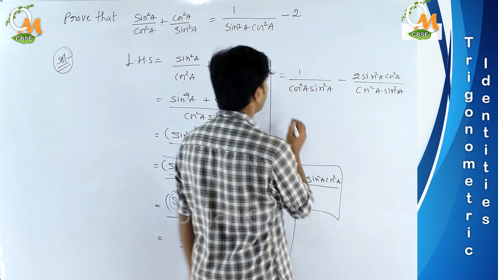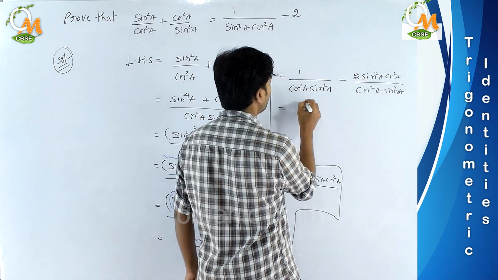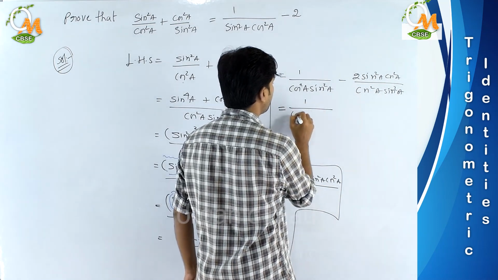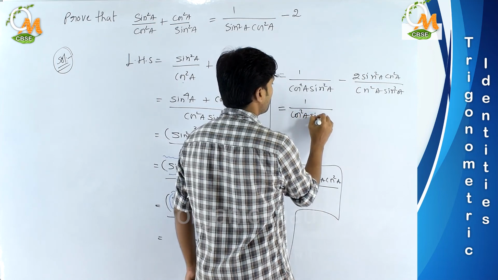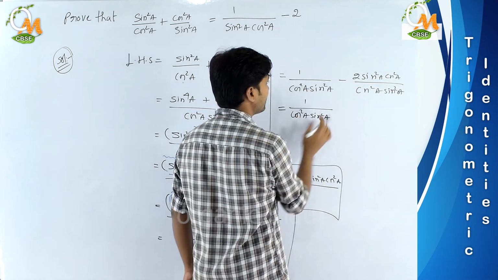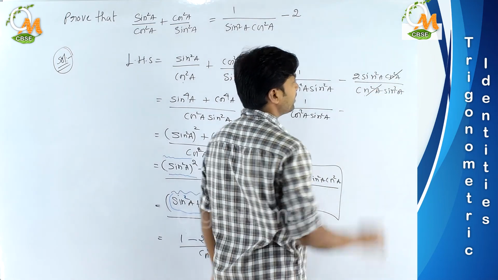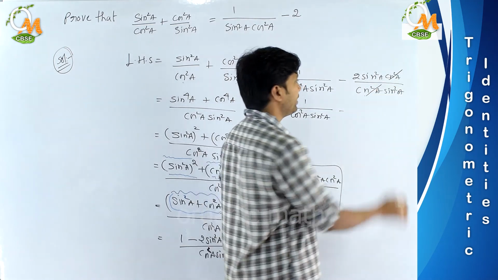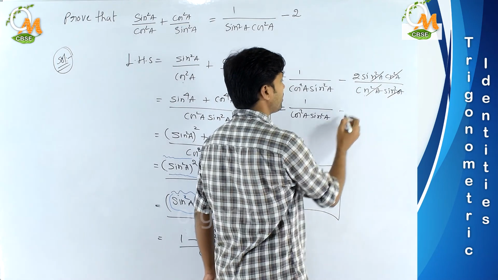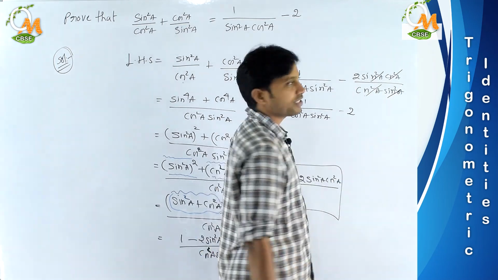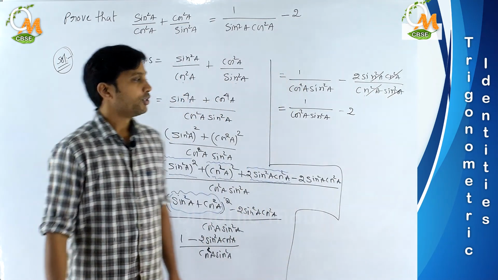On separating the fraction, we write 1 by cos square a sin square a as it is. Now if you observe, in the numerator and denominator, cos square a is cancelled, and sin square a is also cancelled, and 2 is just left over.